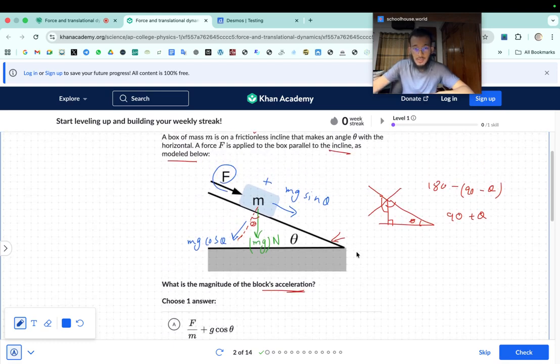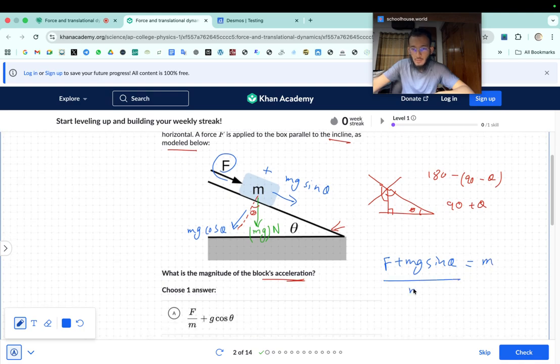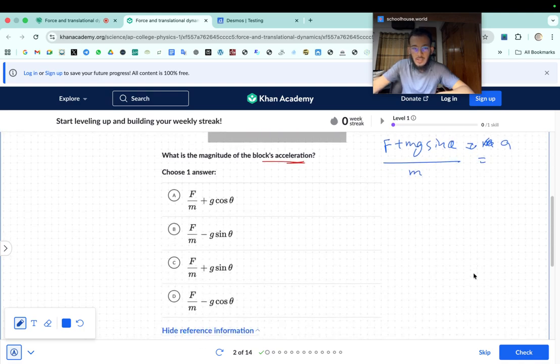So this is the resultant force, F plus mg sine theta, and we know that resultant force equals mass times acceleration. They asked for acceleration, so we divide this by m to get the acceleration.